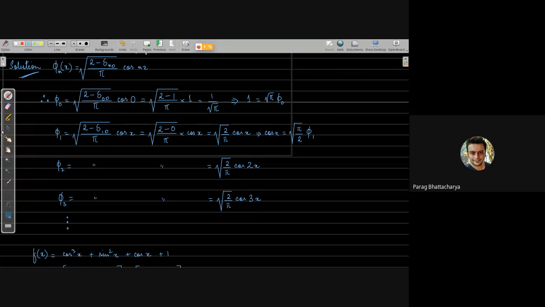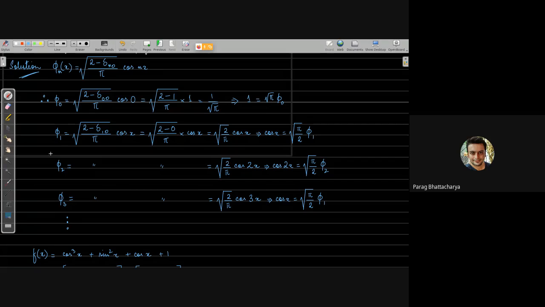Same thing for the others as well. Cos twice x will be equal to root over 2 by pi into phi 2.